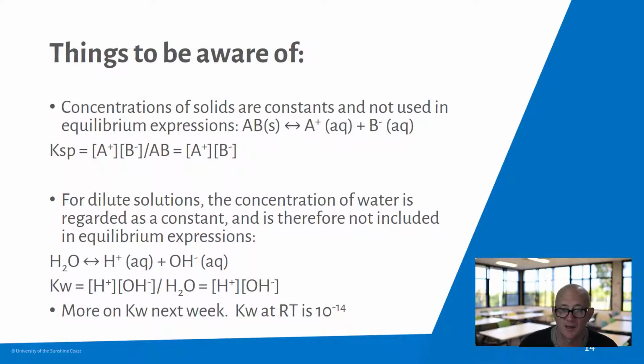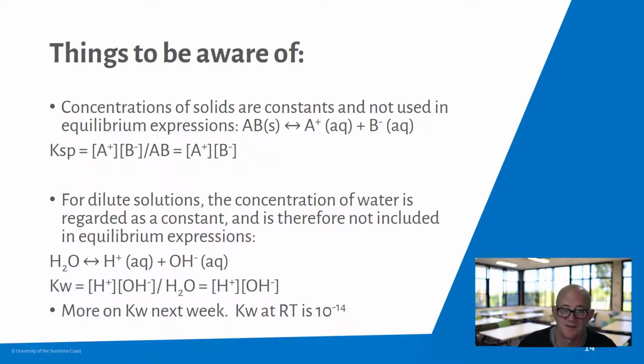When you write out the equilibrium constant, you'd initially start with products over reactants, so A plus multiplied by B minus, divided by what? It's the concentration of a solid, which is a constant, so you don't write it in. There's no need to, so that gets left out of the equation. So that's the first thing you should be aware of: solids are a little bit tricky in this system.